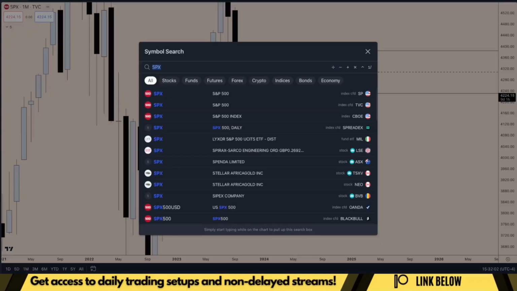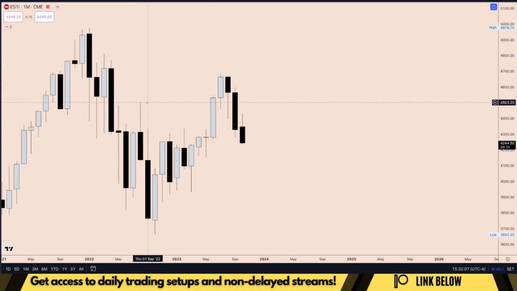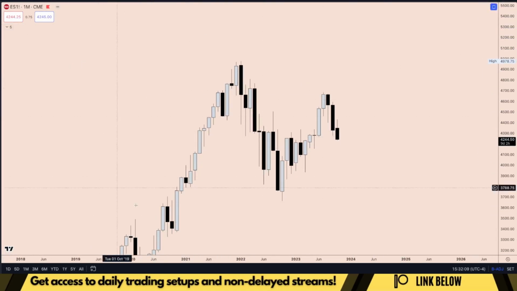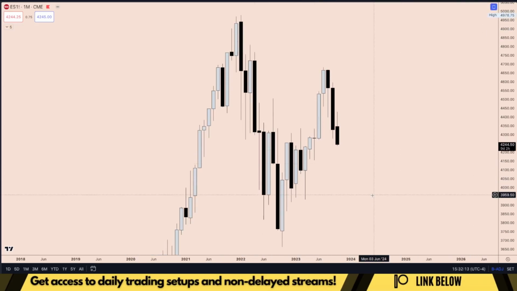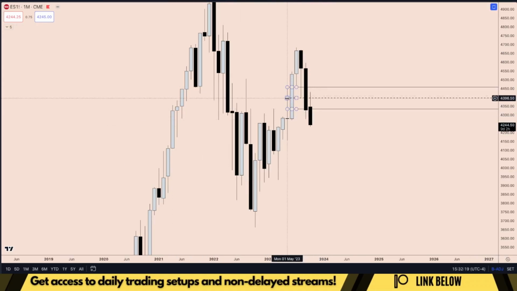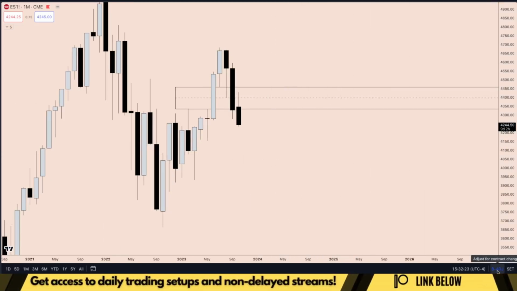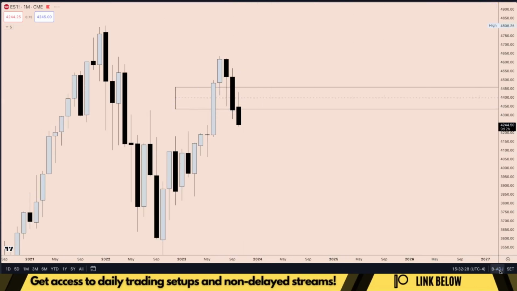And now if I'm heading over to the futures chart, ES1, where all the old past contracts are added to each other basically, we can see that with contract adjustment on, we're already super far below this monthly bullish fair value gap. But because we just looked at the SPX and we saw that we're at the low of it, I'm going to turn it off.